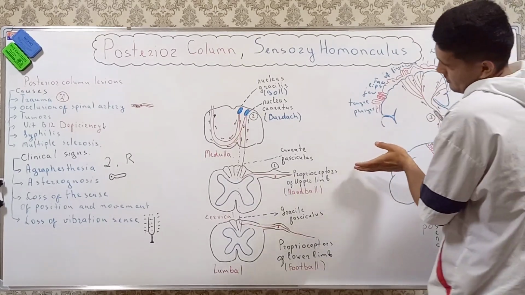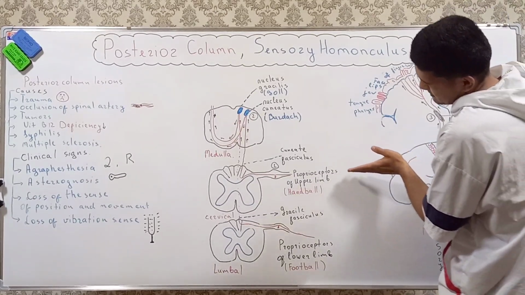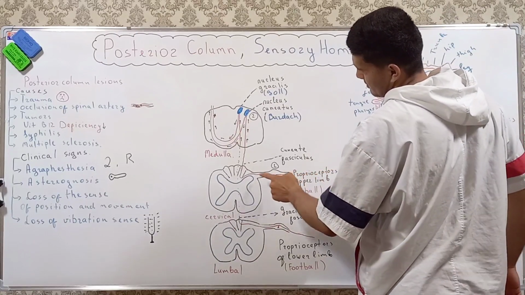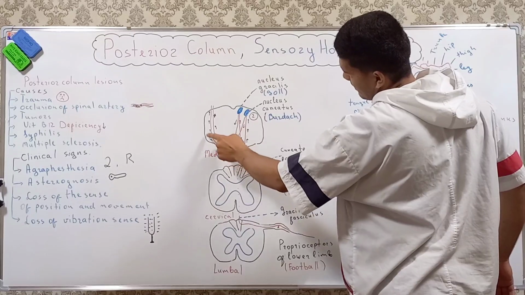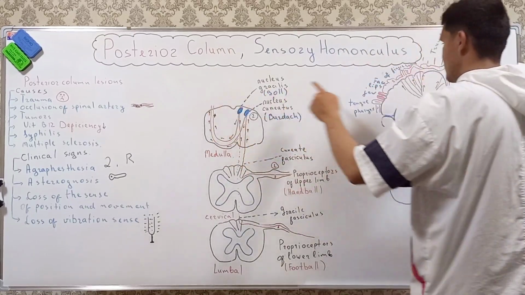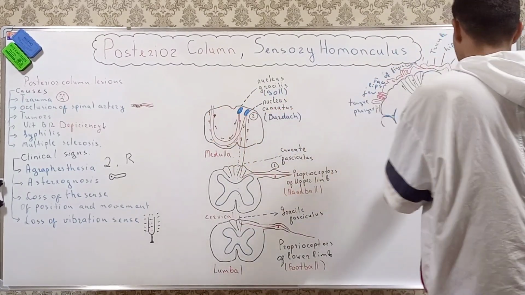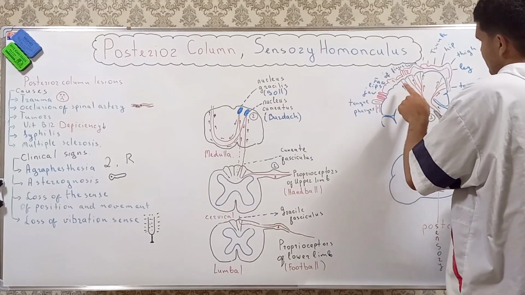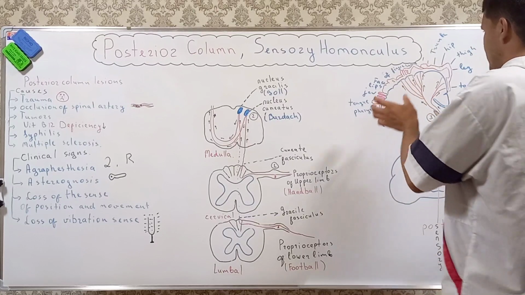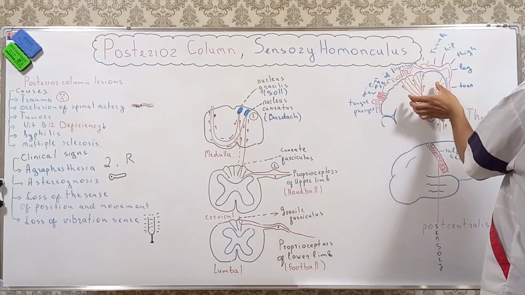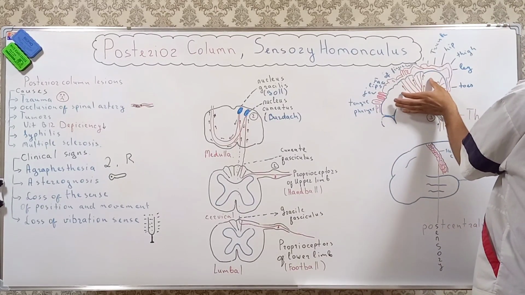From the upper limb, proprioceptor information is directed in this pathway, through the second neuron and the second fasciculus, sorry, second fiber, and the third fibers terminate in the postcentral gyrus of this part of the hemisphere.